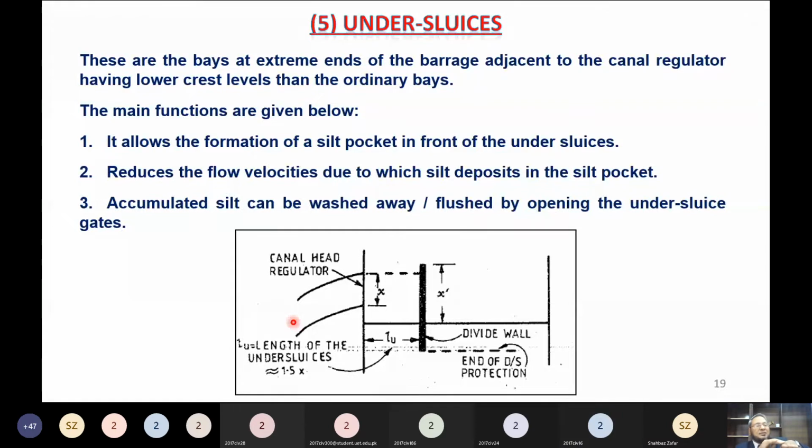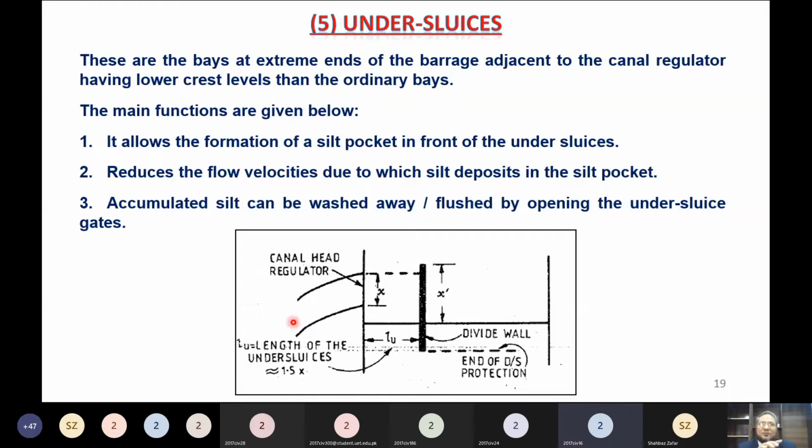We need the head over the crest to be such that it can pass the design discharge. If you remember the V notch and rectangular notch experiments, what does discharge depend on? Over the weir or over the notch, it is a function of head. Where is the head?